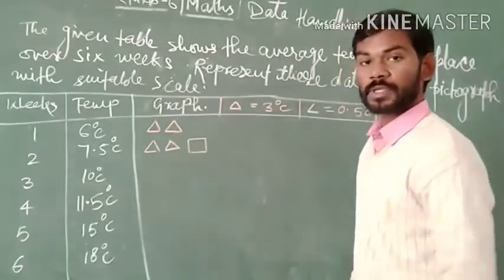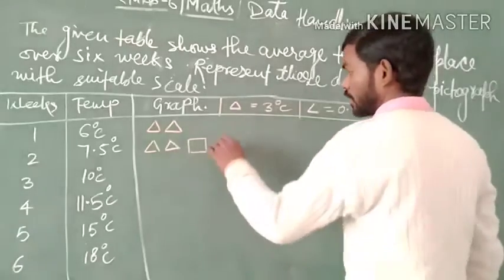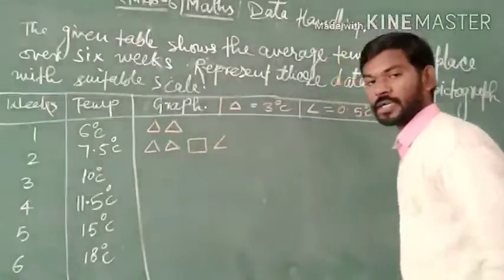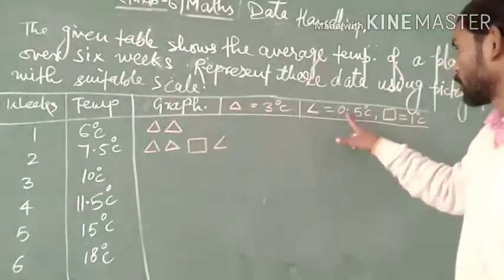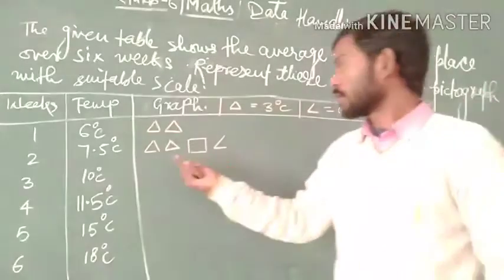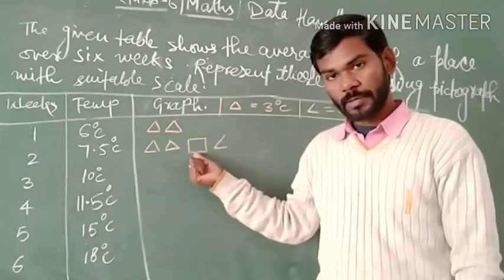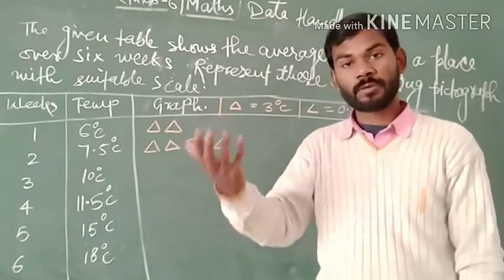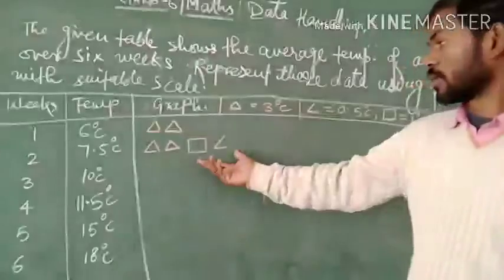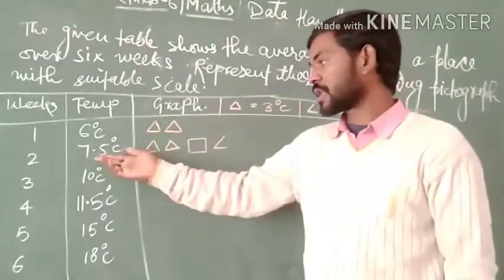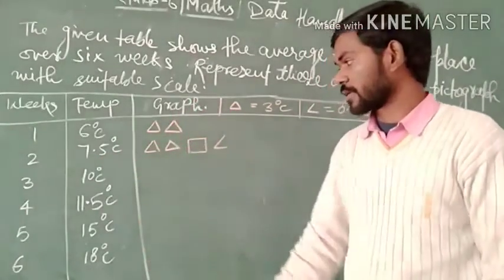This square will represent 1 degree centigrade and half triangle will represent 0.5 degree centigrade. So here we get 3 plus 3 is 6, 6 plus 1 is 7, 7 plus half is 7.5 degrees centigrade. In this way we can represent 7.5 degrees centigrade.